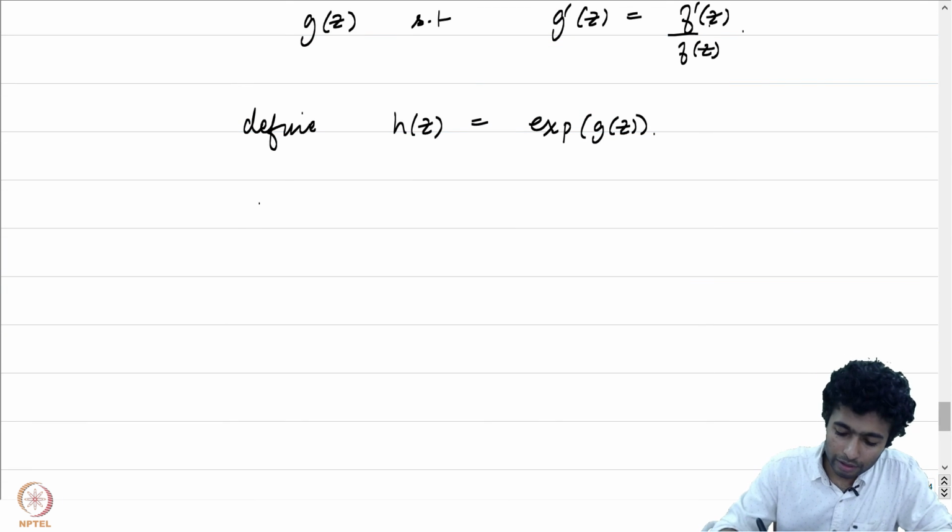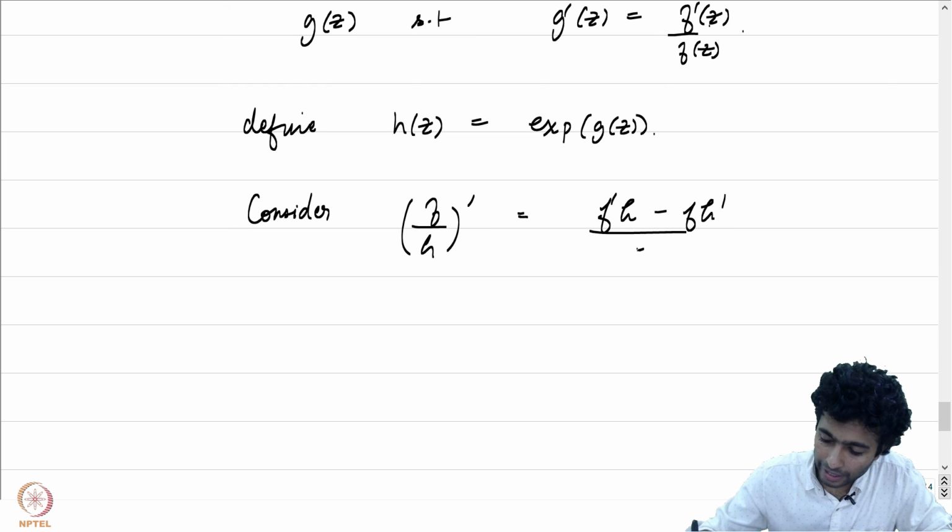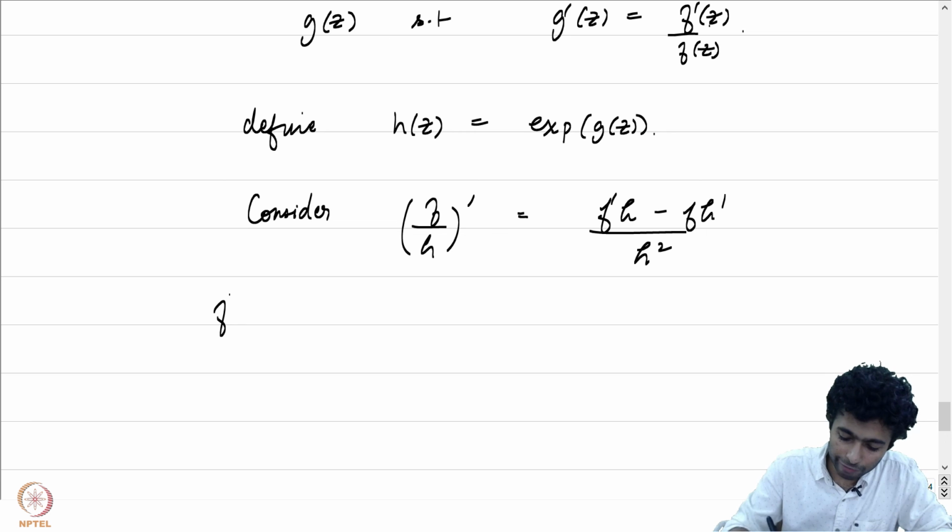Let us consider f by h and look at its derivative. The derivative by quotient rule is going to be equal to f prime times h minus f times h prime by h square.